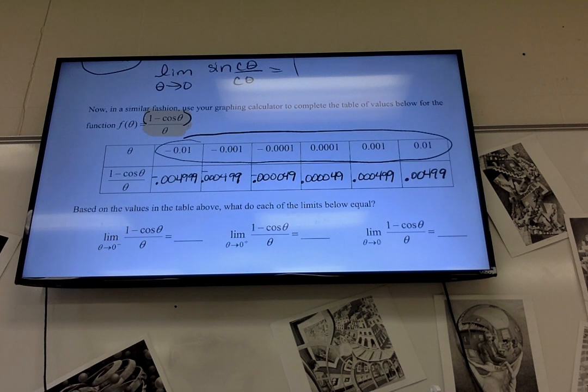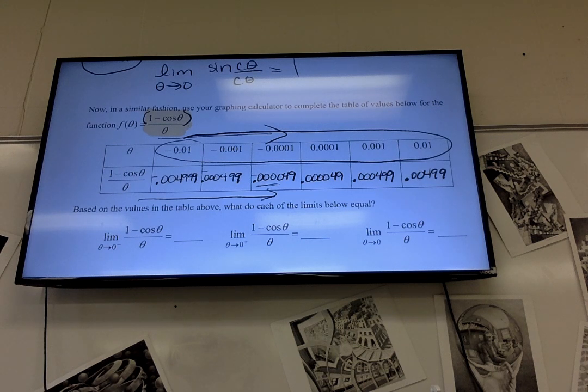So as we approach 0 from the left-hand side, what happens? If I approach it this way, what are these numbers getting close to? Those are all negative, but they're approaching something. When you get more zeros after the decimal, is that number getting bigger or smaller?